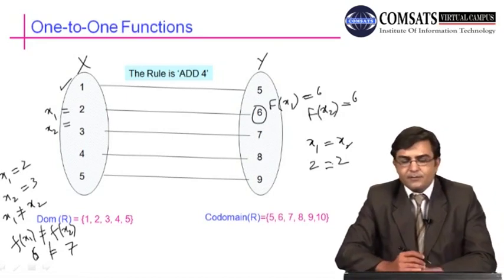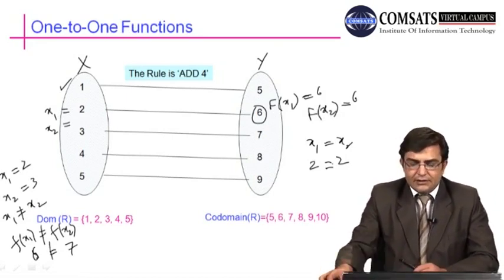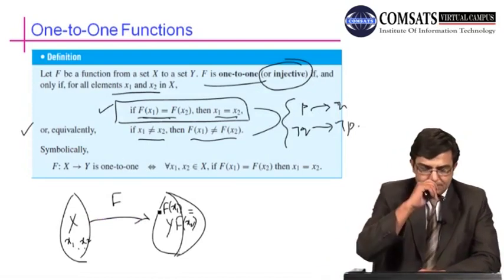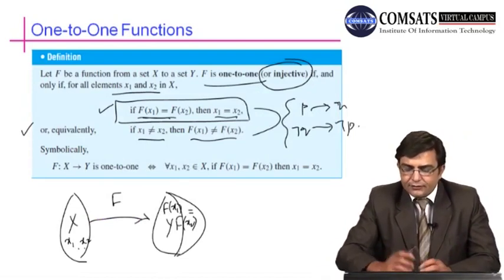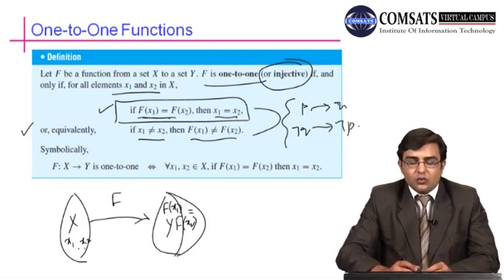They are also not equal. This is the equivalent form of the statement we have seen. Whichever of these two statements you prove, you prove that the function is one-to-one.